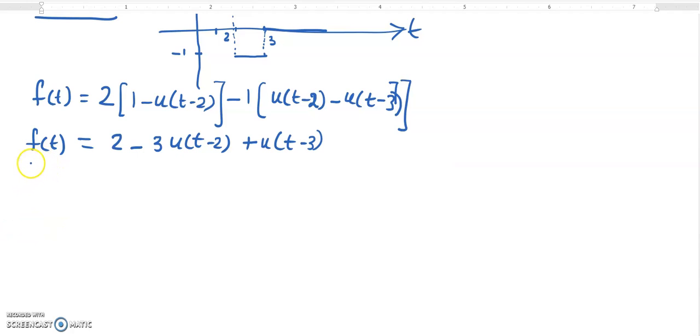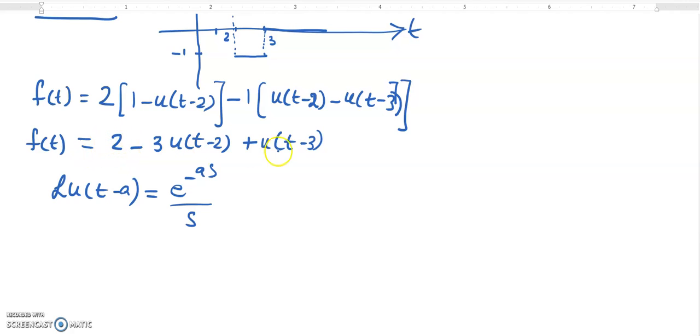So if we want to find the Laplace of this function, we can very easily find it because earlier we have found that the Laplace of the unit step function is e power minus as over s. So we can use this formula because in this case all the terms are not multiplied by any special function, only the constants are being multiplied.